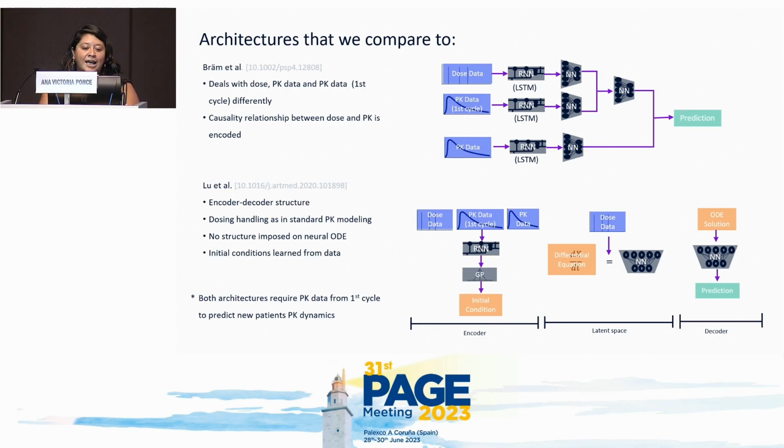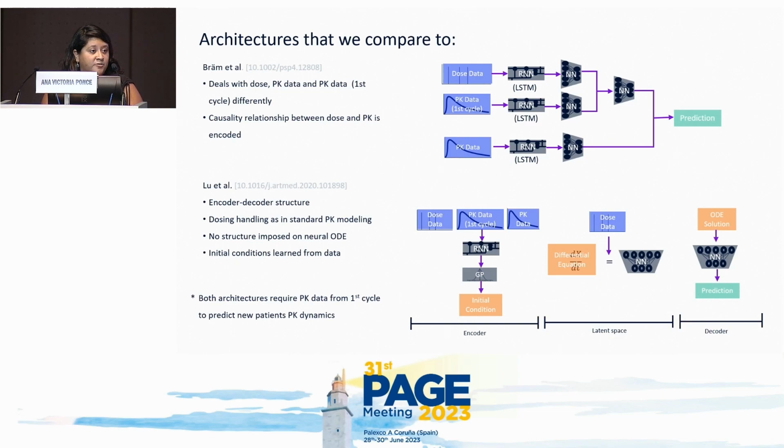They consider a 2 subnetwork structure such that the first subnetwork, which just considers the dose and the PK data from the first cycle, impacts the PK data prediction from the other subnetwork in order to create the prediction of the whole model. By doing this, a causality relationship is encoded into the architecture.